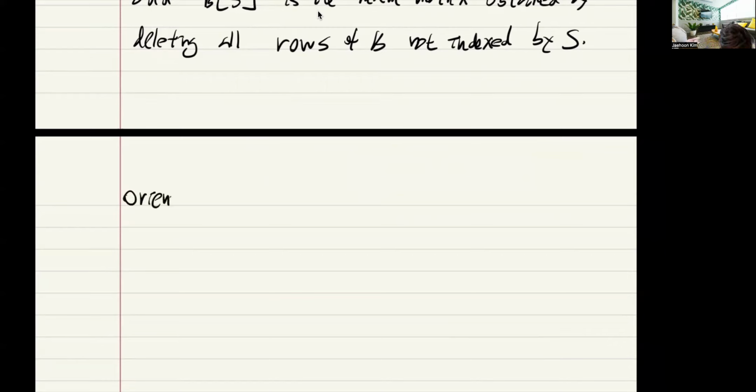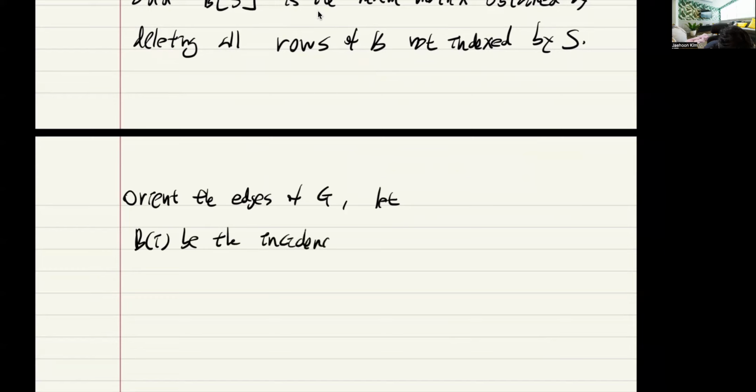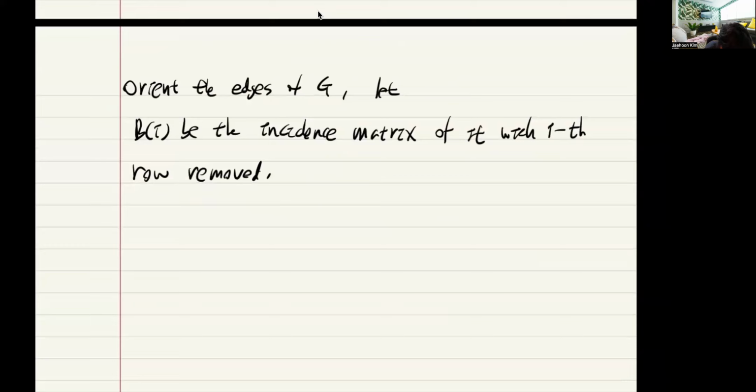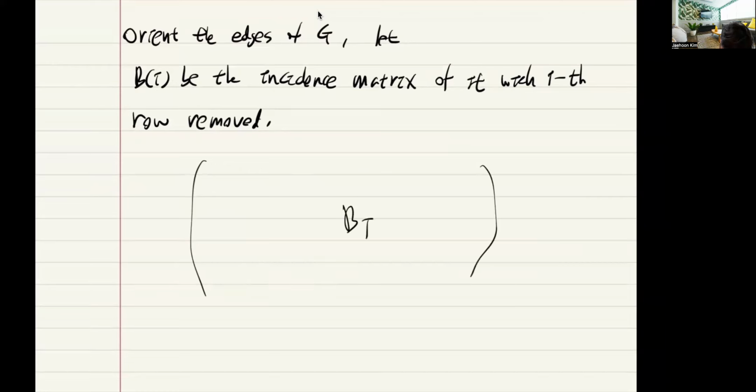So we orient the edges of G and let B_i be the incidence matrix with the ith row removed. How does B_i look?